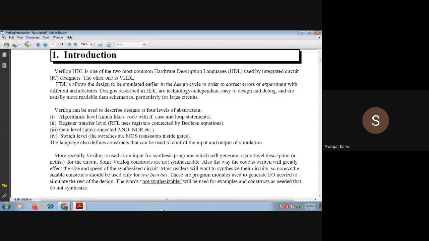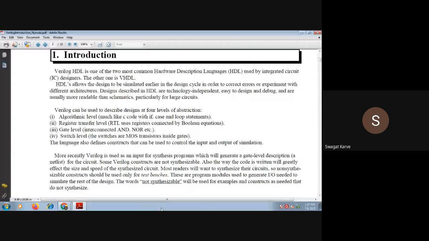We will study the same things for Verilog as we did for VHDL: its structure, data types, data objects, operands, different sequential and concurrent statements, how to use the case statement, if, while and for loops, and their syntax.